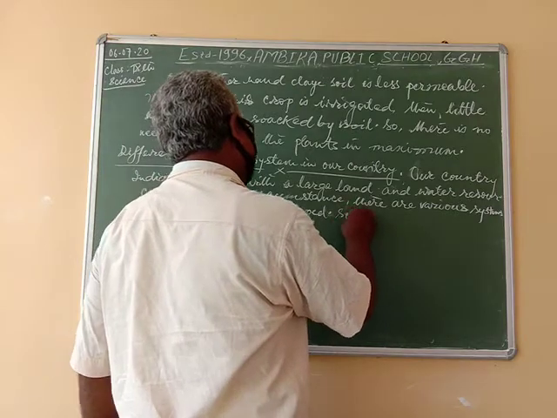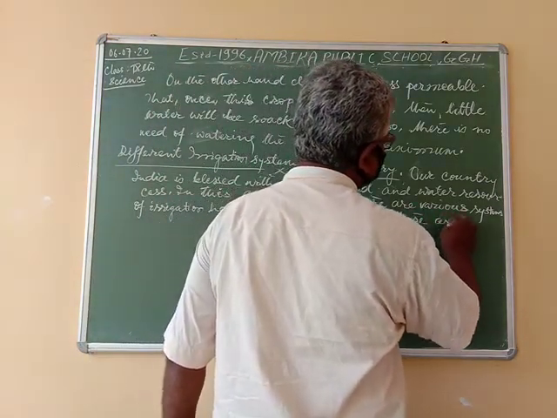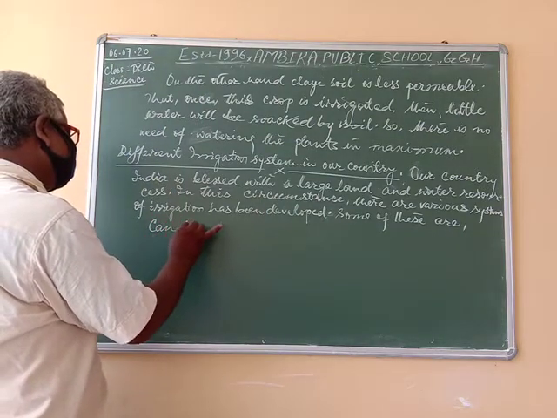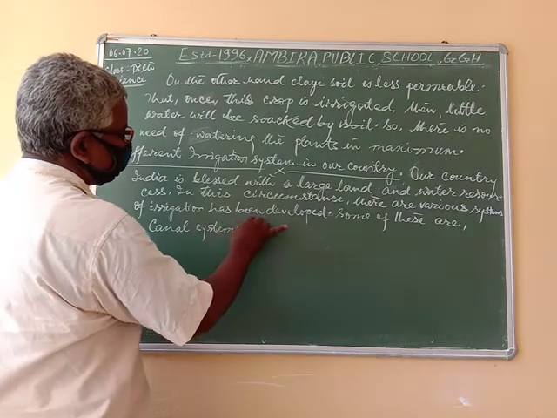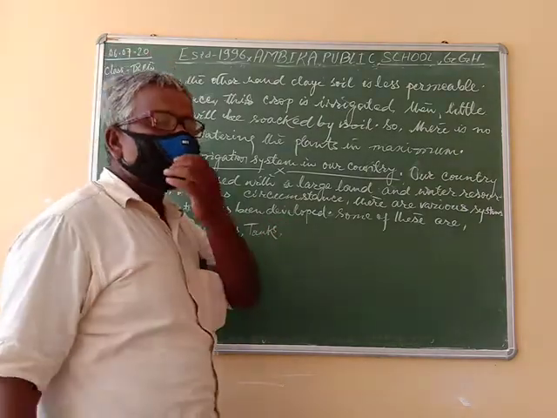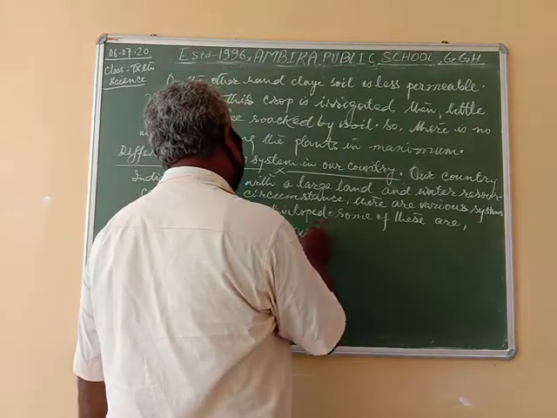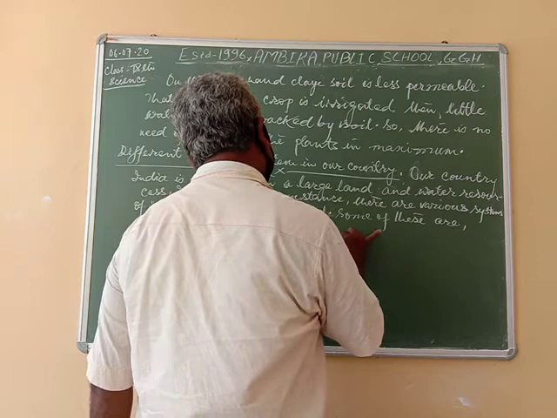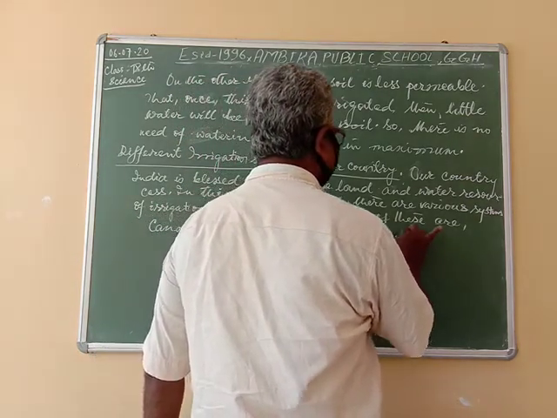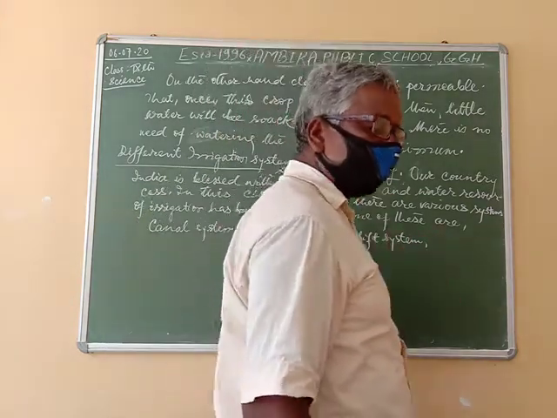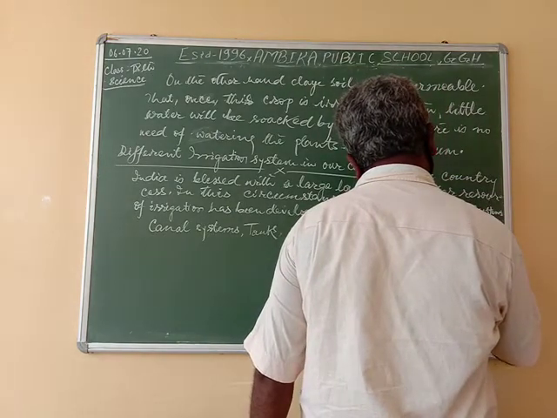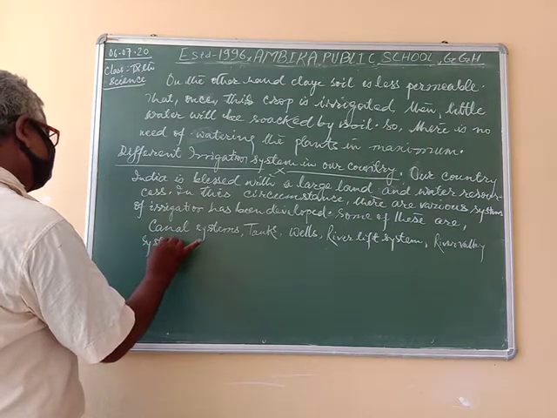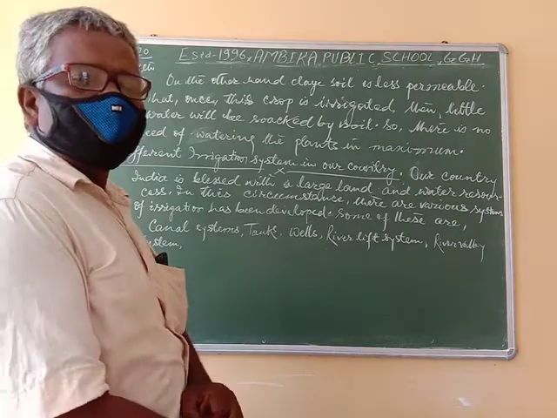Some of these are canal system, tanks, wells, river lift system, river valley system, drip and sprinkler system.